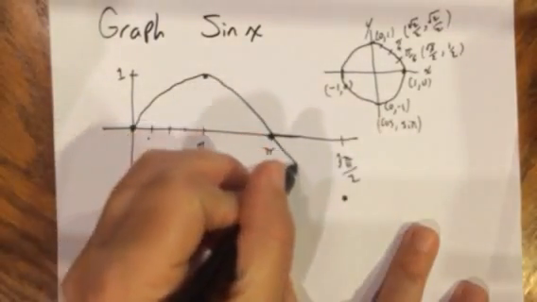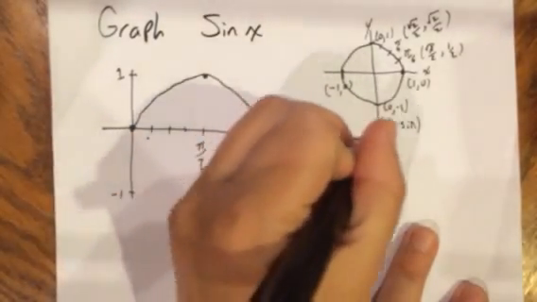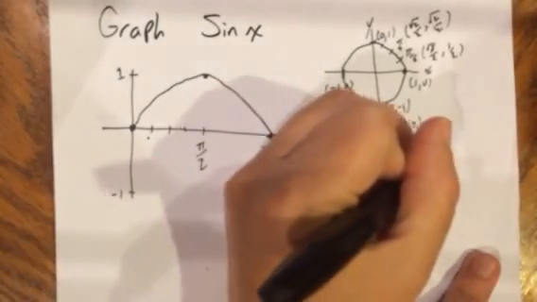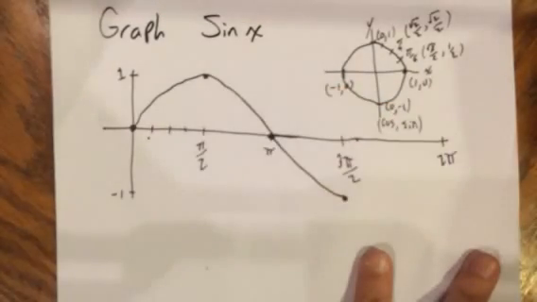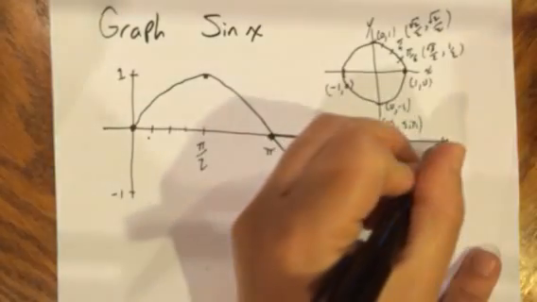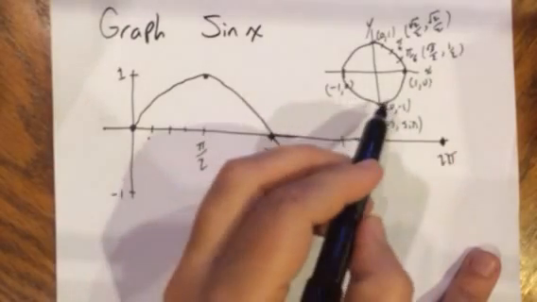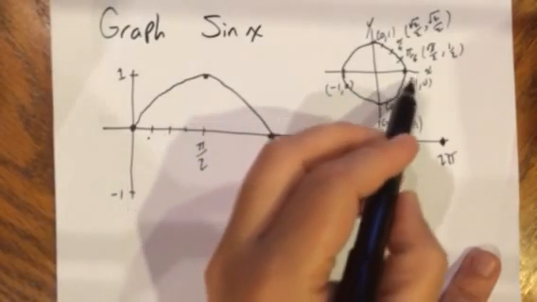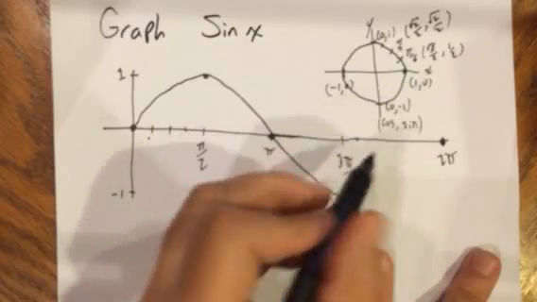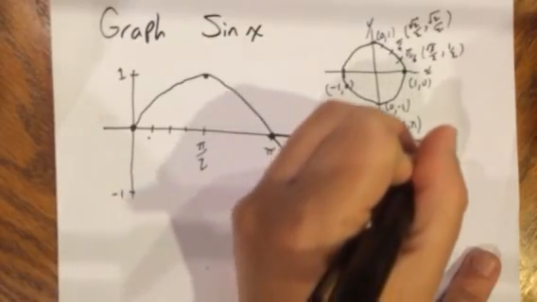And I'm going to keep going all the way back, in fact, to 2 pi. So I go one entire time around the unit circle. Okay, so at 2 pi, I'm back to 0. And if I look at the area between here, my y's are increasing. They're still negative, but they're going up. So I'm going to draw that out.